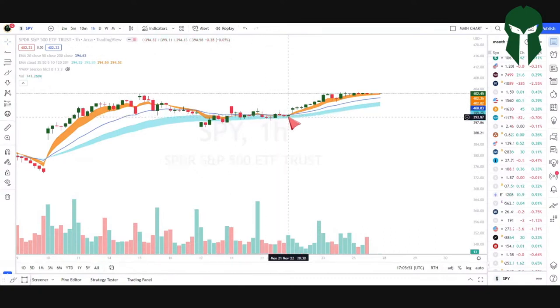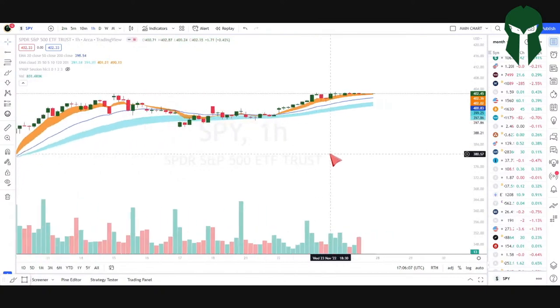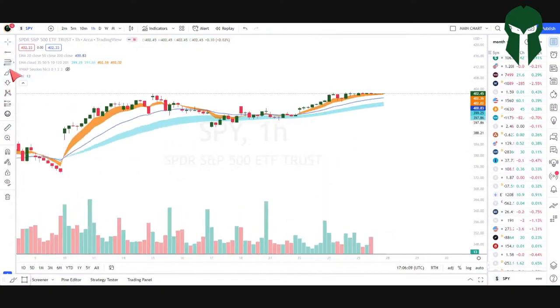And then you flip your EMA. This is exactly what you want to see. If you're above your EMA and you're above your clouds, it's risk on. So the moment that that happens is right here.